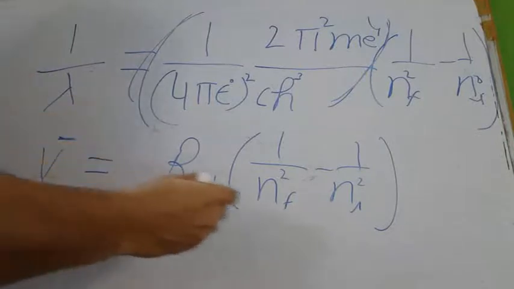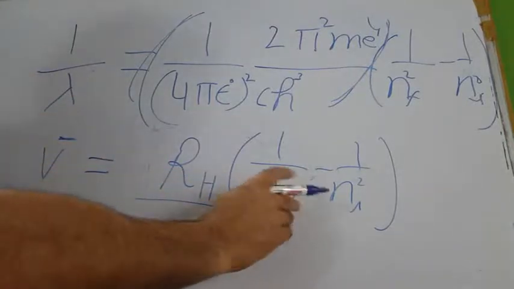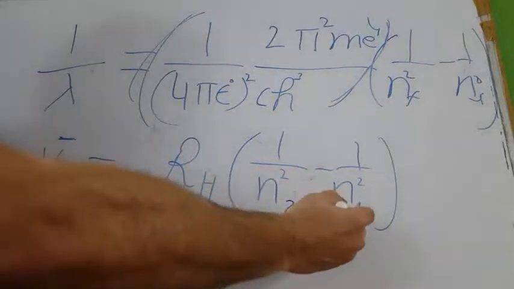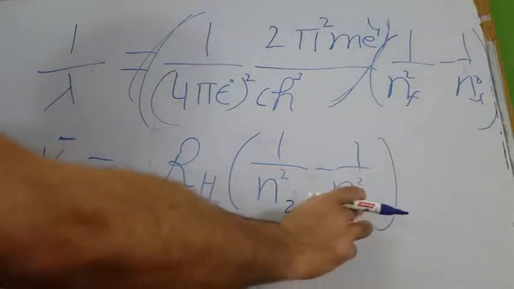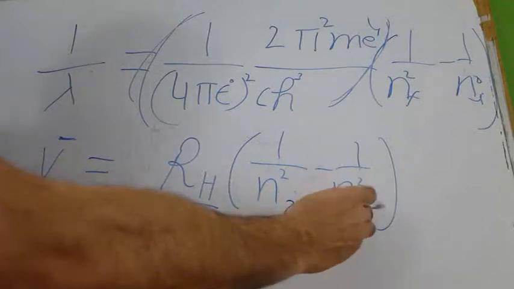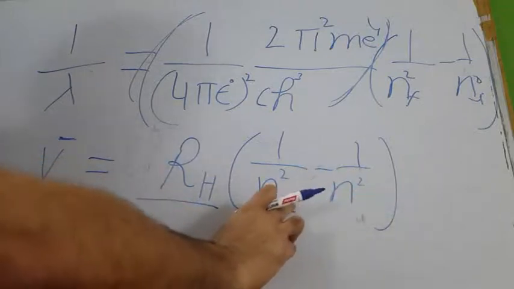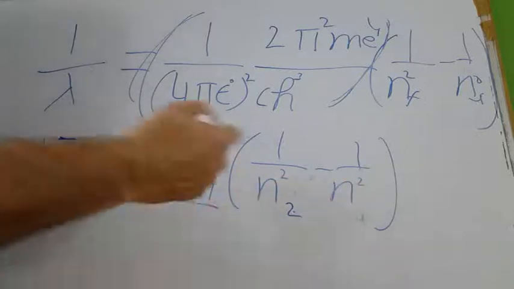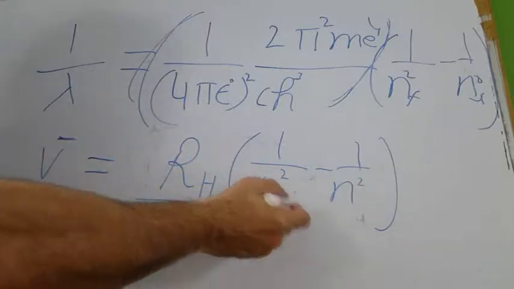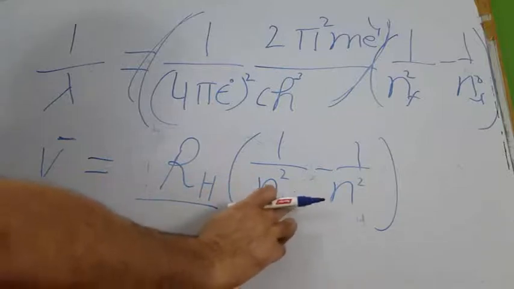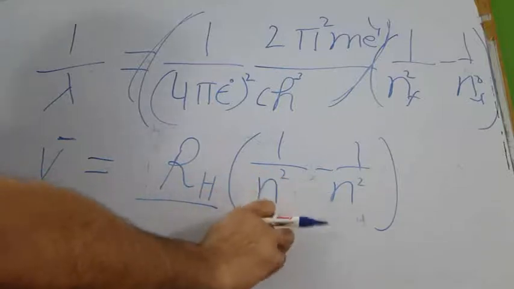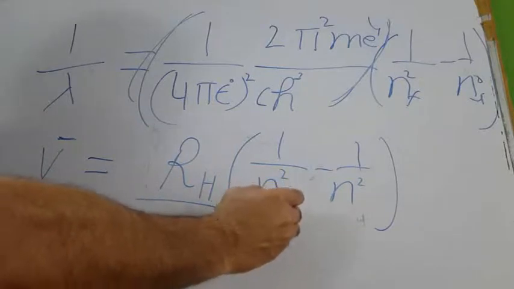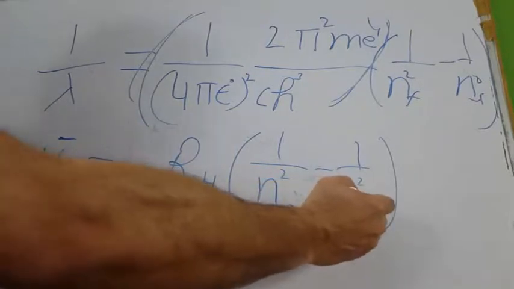For the Balmer series, what is the final? It is 2. And the initial can be any number greater than this, maybe 3 or 4 or 5 or whatever it may be. For other series also, this number is 1 or 3 or 4 or 5 and so on, and the initial can be higher than this.